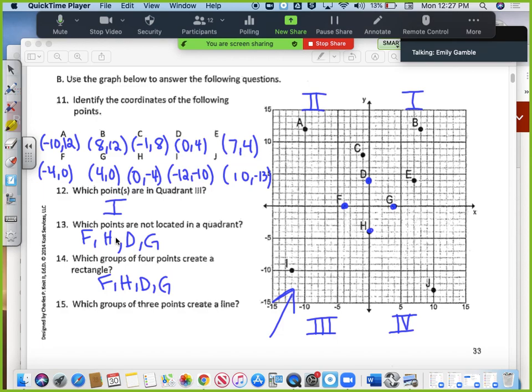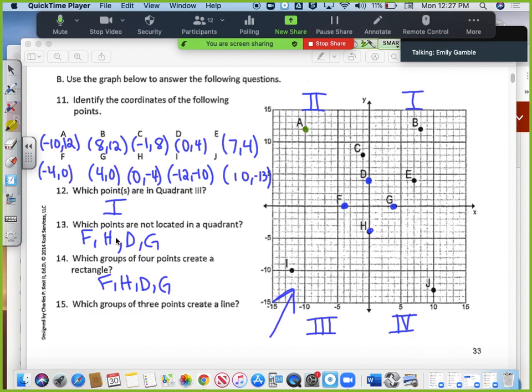And what 3 points create a straight line? A, C, and E. Yes. What'd you say? I said A, C, and E. A, C, and E? Yeah, they're doing a diagonal.